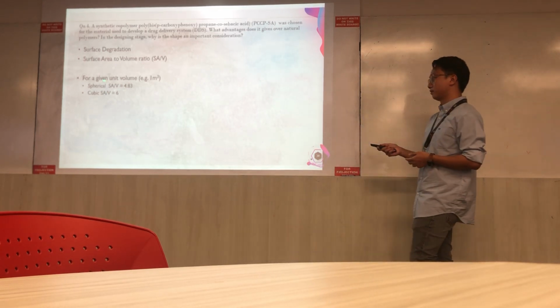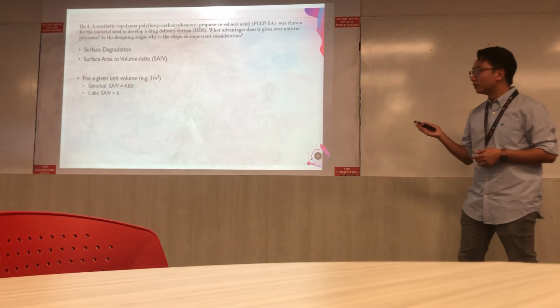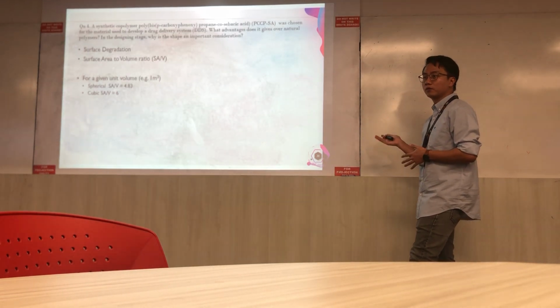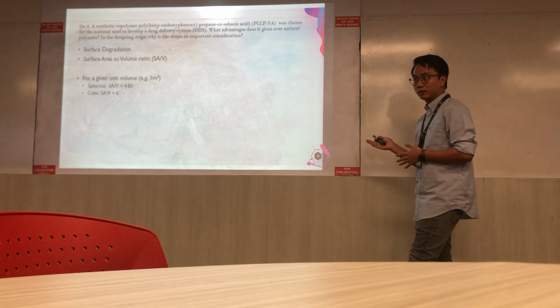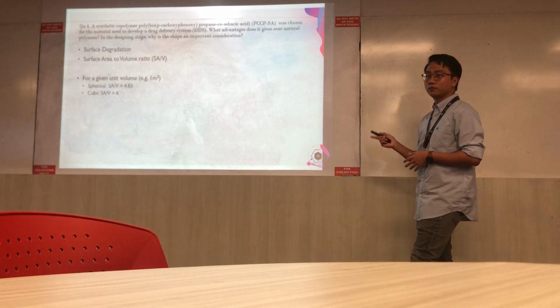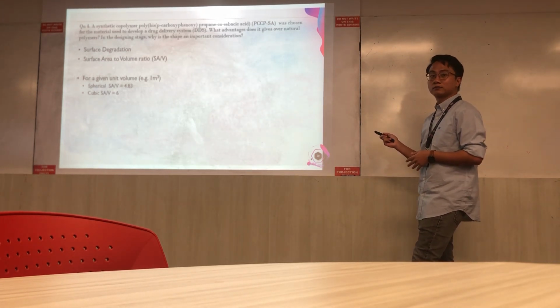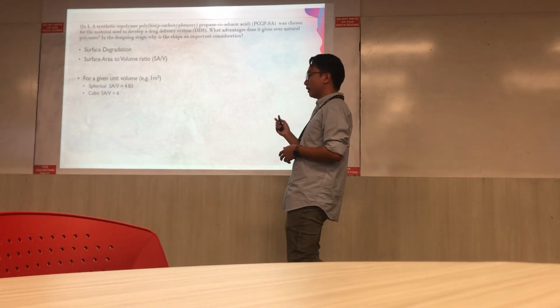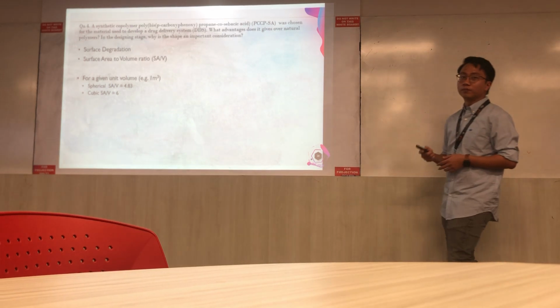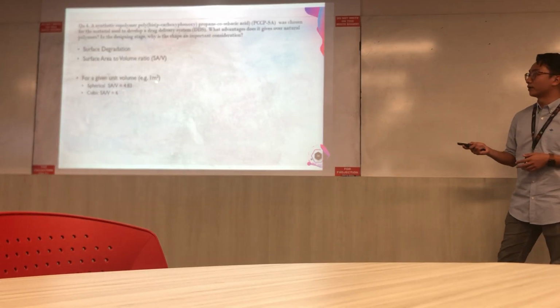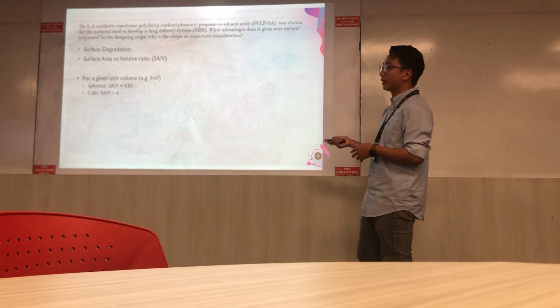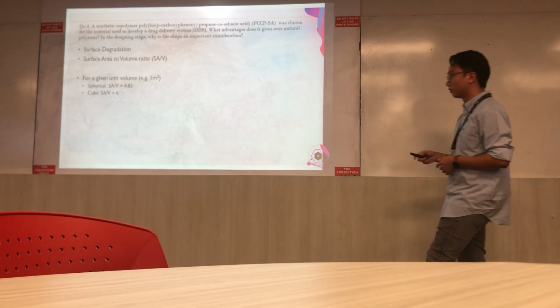But if you look at a sphere, remember how to find the volume of a sphere? It is 4/3 pi r cubed. For that to be 1, because we're talking about unit volume 1, you work backwards to find r.